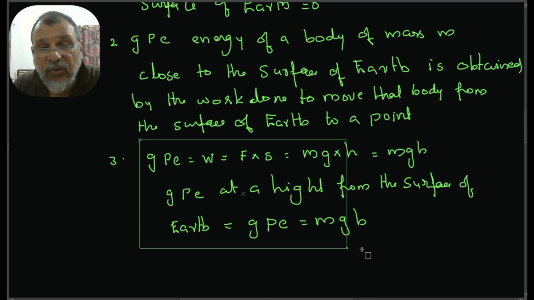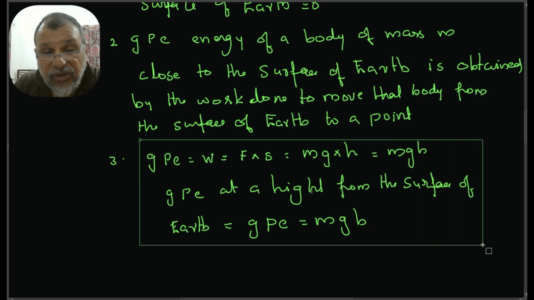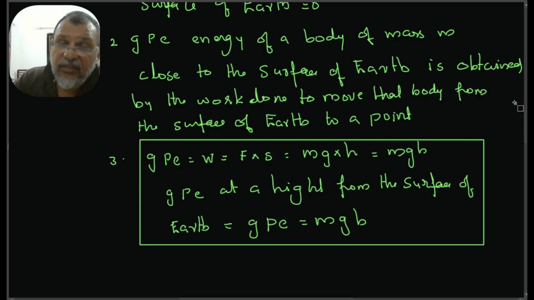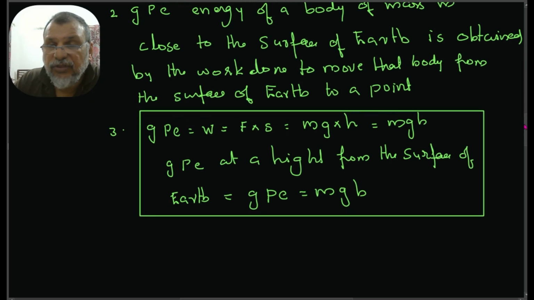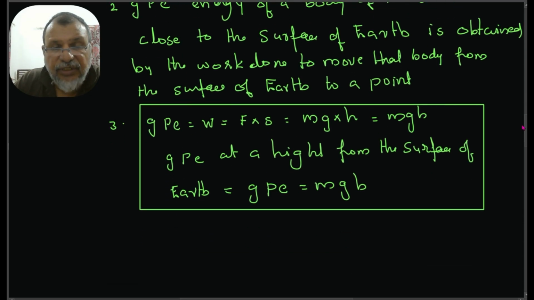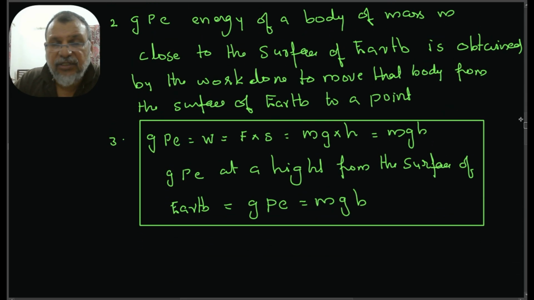Now this equation is valid only close to the surface of Earth. Why? Because we have assumed that the gravitational field strength close to the surface of Earth is constant, which is exactly equal to the acceleration of gravity.